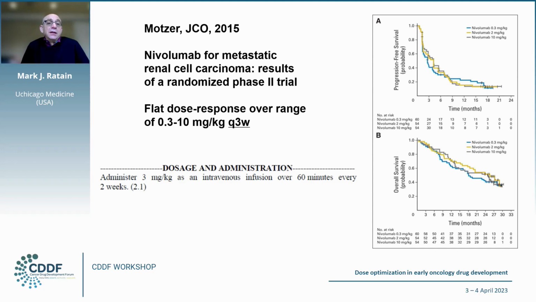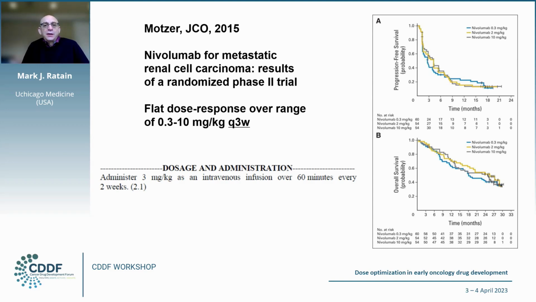Here is another phase 2 trial in kidney cancer, like the temsirolimus one, of the drug nivolumab. This was a well-done randomized phase 2 trial ranging from 0.3 to 10 milligrams per kilogram every 3 weeks.